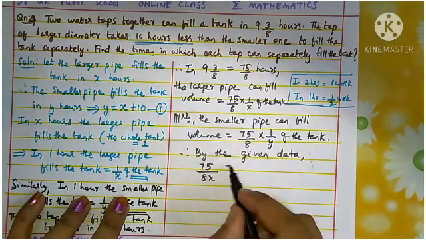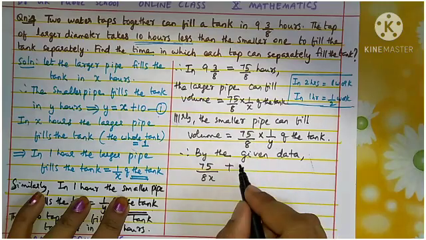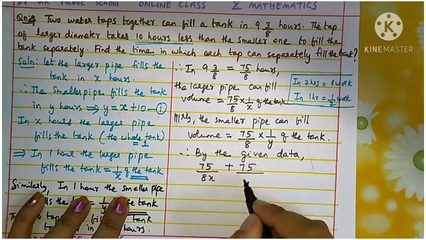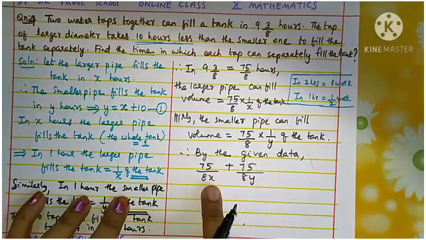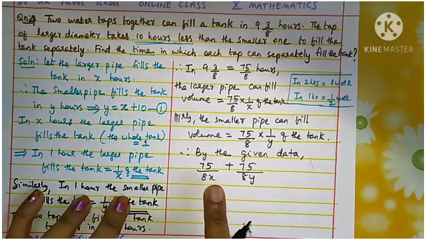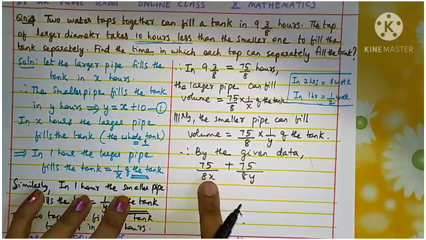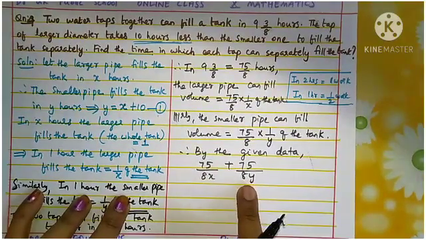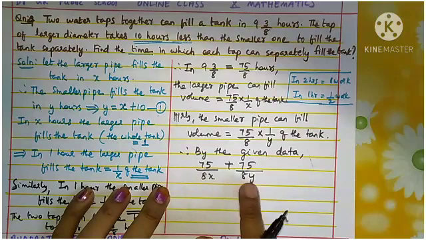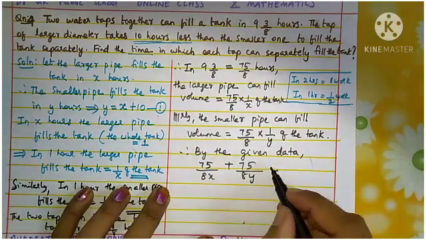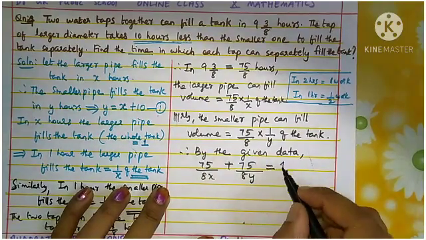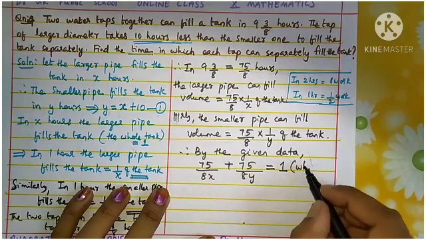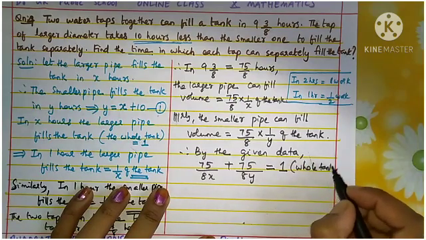Okay, we are adding 75 into 1, 75, 8 into y. So what is the meaning? This is the volume of the water filled by the larger pipe, and this is the volume of the water filled by the smaller pipe. So these two volumes together are equal to 1. What is this 1? The whole tank.